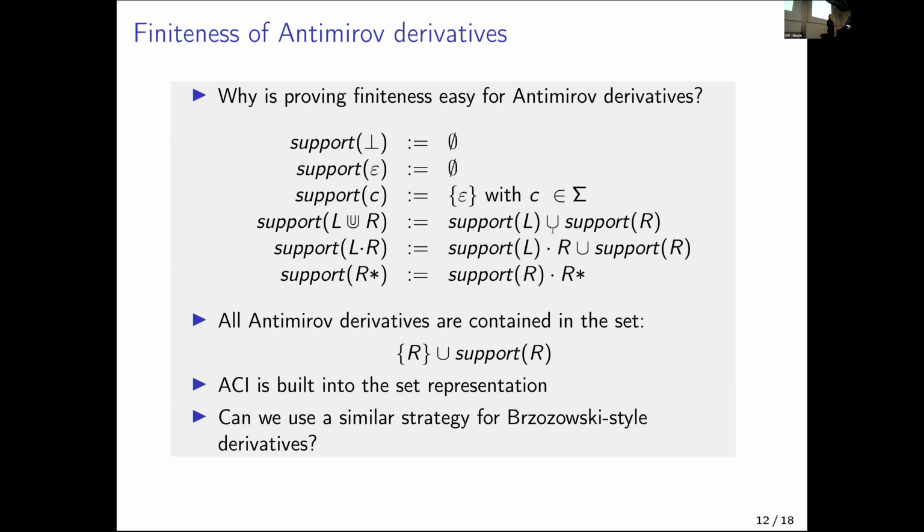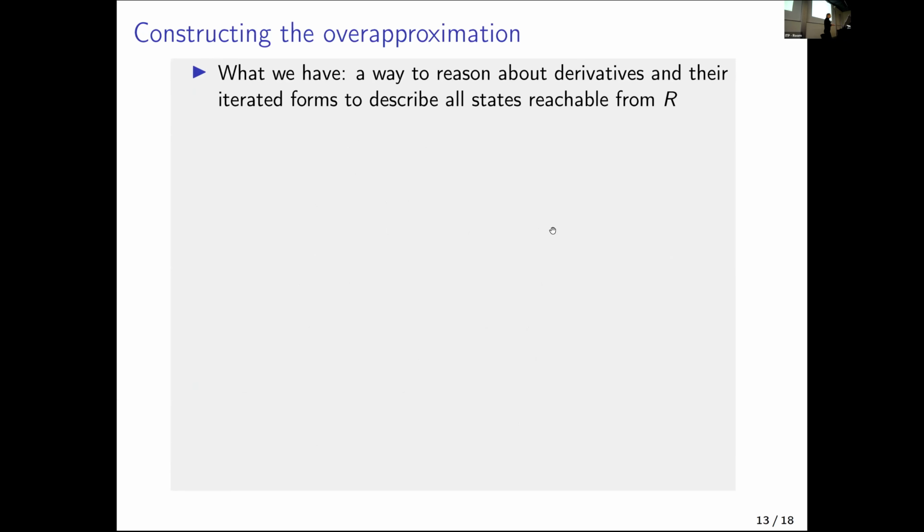And now, can we do something similar for Brzozowski-style derivatives? So far, I have defined a way to reason about immediate and next step derivatives. So we have a way to talk about all reachable states from a given expression. How do we show finiteness of the set?